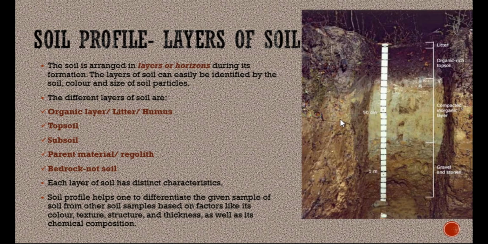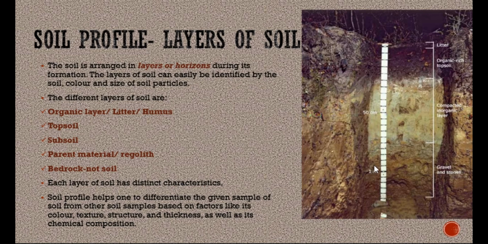Beneath the topsoil is a layer of soil called the subsoil, which is different in color as well as the material it is made of. Then comes another layer called the parent material or regolith, which is mostly made up of gravel and stones. Beneath the parent material or regolith is a layer called the bedrock, which is not soil but solid rock.